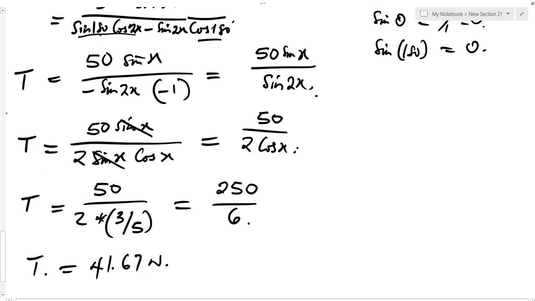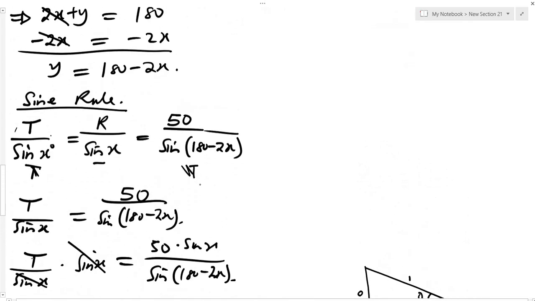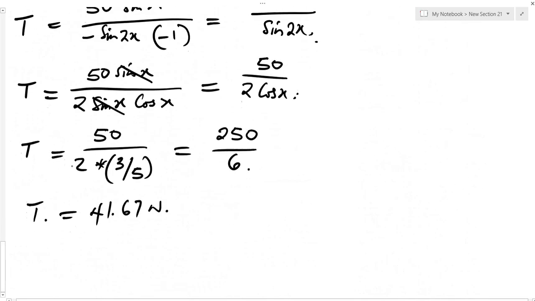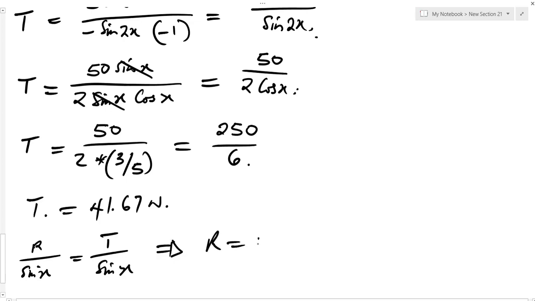That's our tension. Now from this expression, it shows that R all over sine x equal to tension all over sine x. Now it implies that R is equal to tension, which is equal to 41.67 newton.